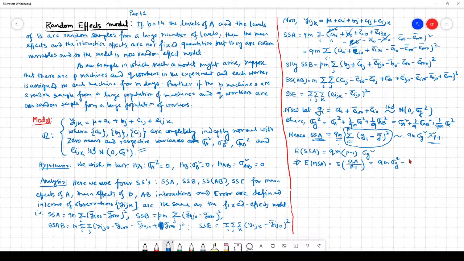If you replace sigma g square by this term, then you get m sigma AB square plus sigma E square.